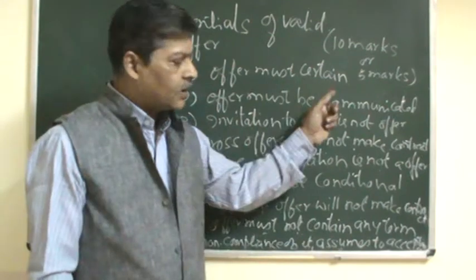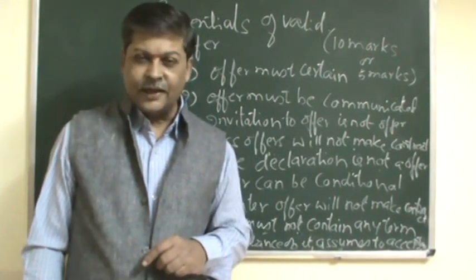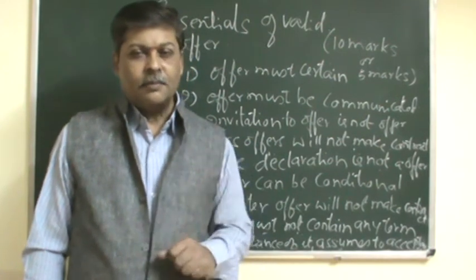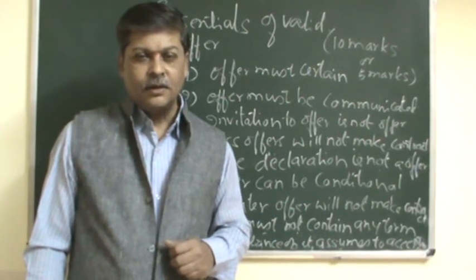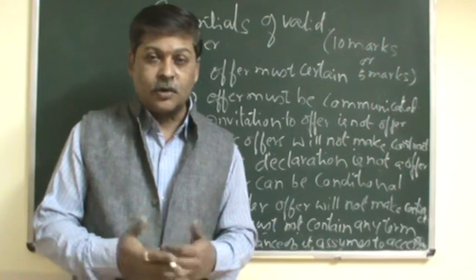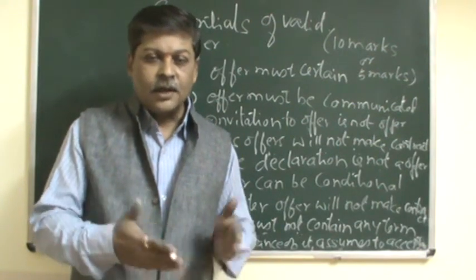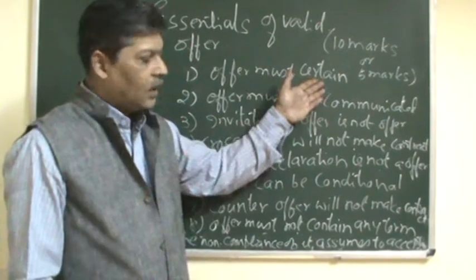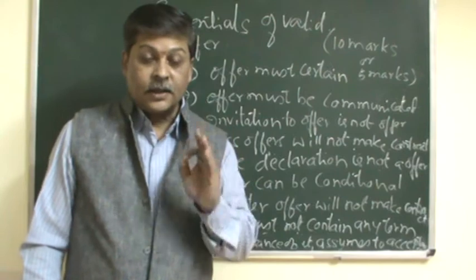The offer is not certain because we are not aware which car he is selling, whether the Maruti car or the Ambassador car. Without knowing that, it is accepted. So no contractual obligation is established between A and B because the offer is uncertain and vague.